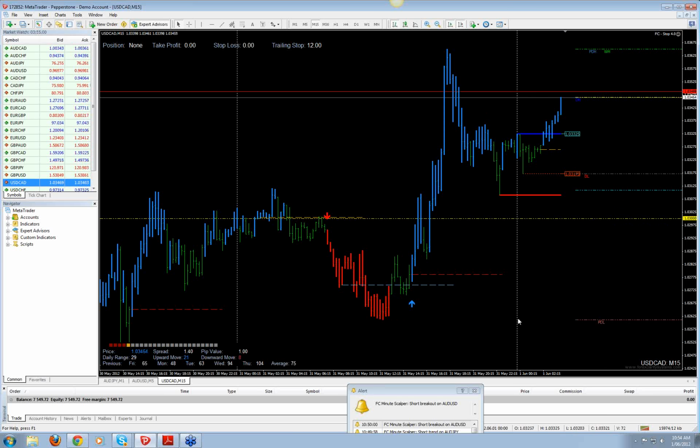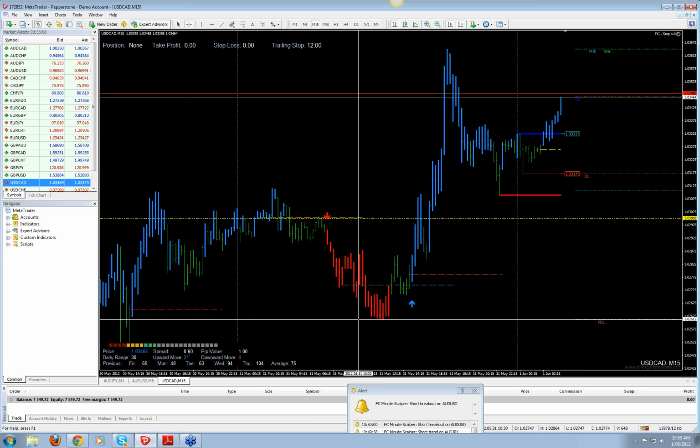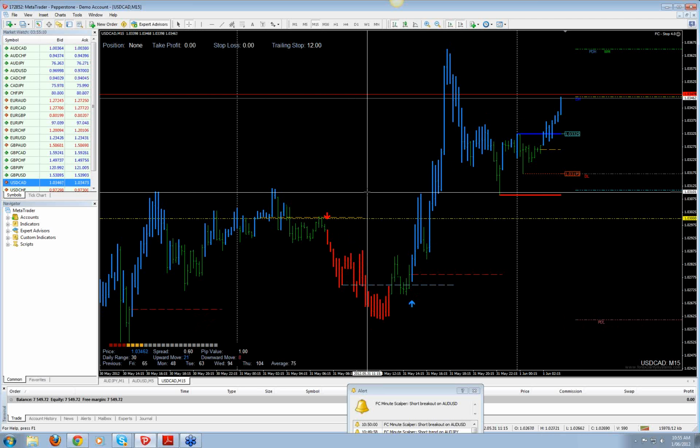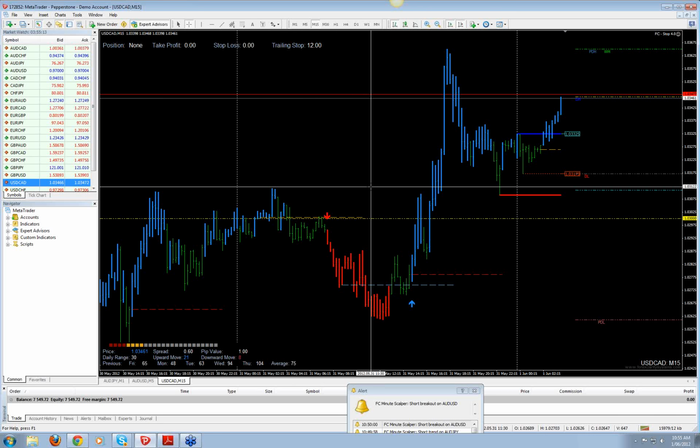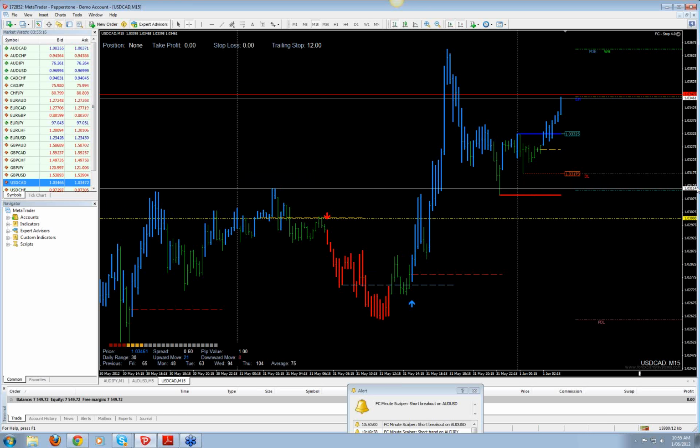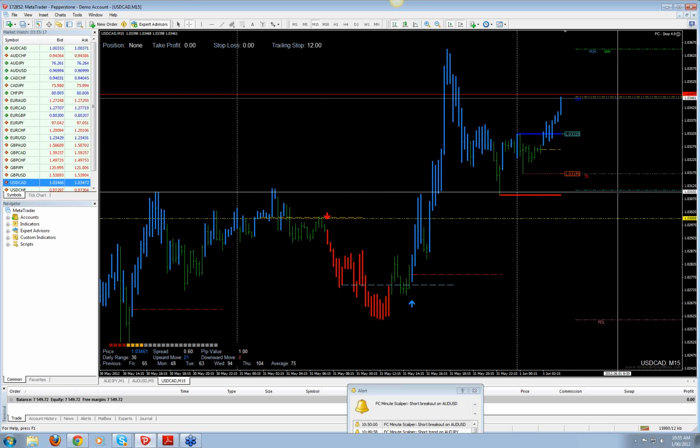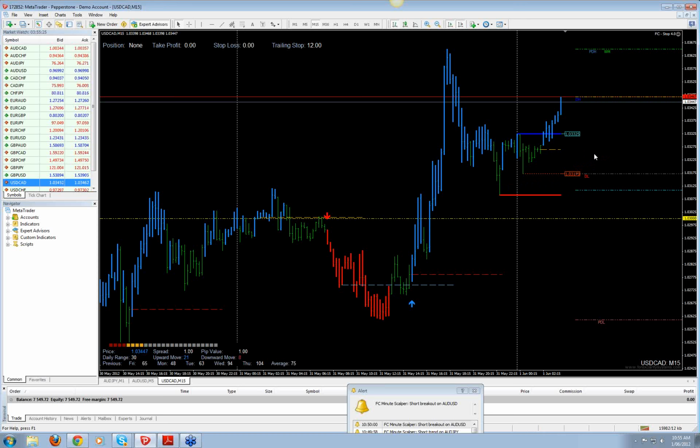The reason why we didn't take these all the way across is that we're trying to keep the charts clean, and you can always just have a look around, and you can just see, okay, that's that. For instance, that's the previous day. These highs in here somewhere, right there. So they're just handy to have.